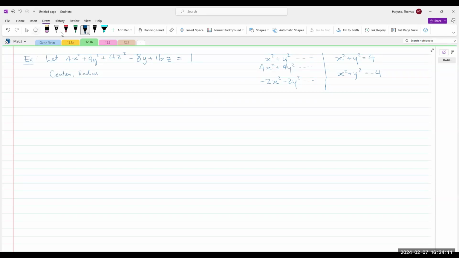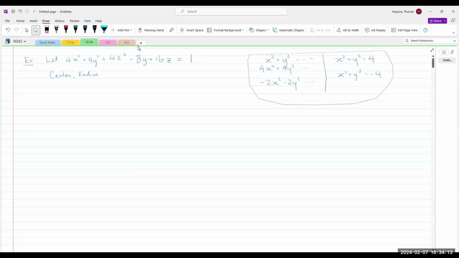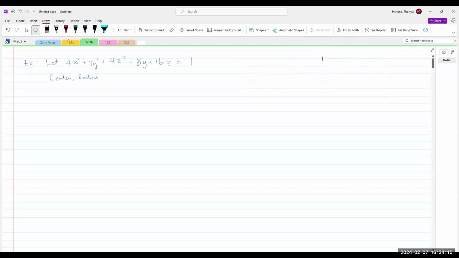To find the center and the radius, we will need to perform what we call completing the square, right? But let's divide by 4 first so that the coefficients of x squared, y squared, and z squared are all positive ones. So I divide by 4, divide by 4, divide by 4.